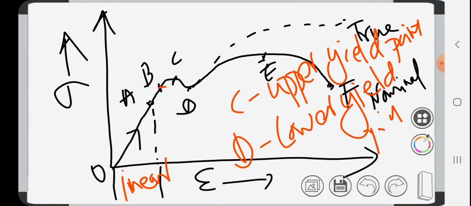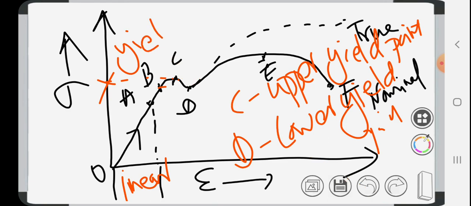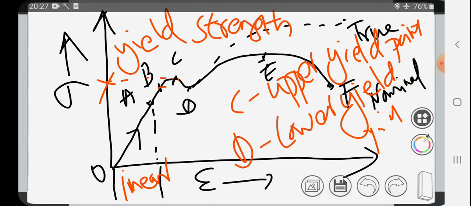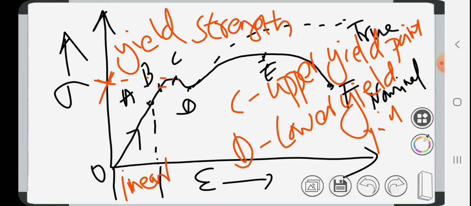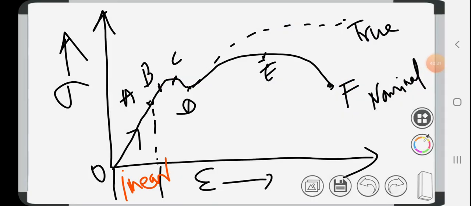The stress at the yield point is called yield strength. The value of stress at C, sigma y, is called yield strength.